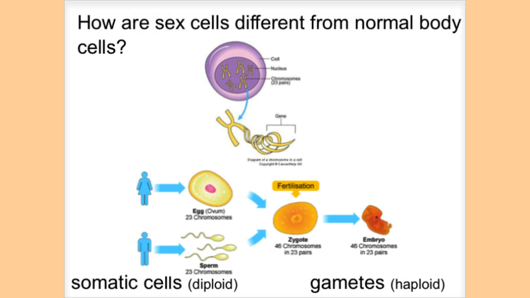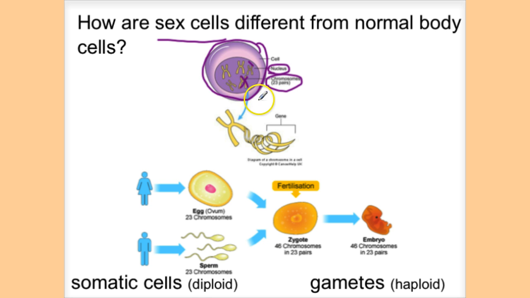So how are sex cells or gametes different from our body cells? Now let's recap a few concepts that we probably have learned before. If this is our body cell, inside of our cell we have what is called the nucleus, and inside of the nucleus are chromosomes. Chromosomes are where our genetic information is stored.